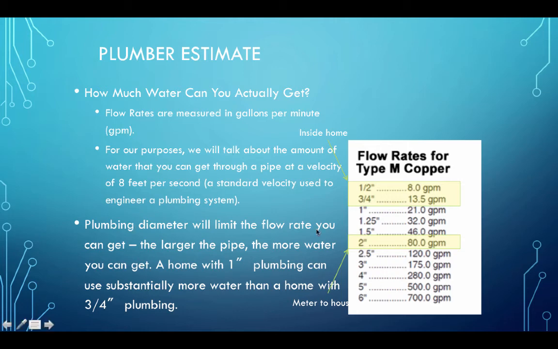Many supplies, at least in Lubbock, I think in my house, I have a 2-inch line coming out of the meter into the house. So I could conceivably use up to 80 gallons a minute if I wanted to. In my house, I have 3/4-inch copper. I know that because I've ripped tons of it out of the walls to make it quit leaking.